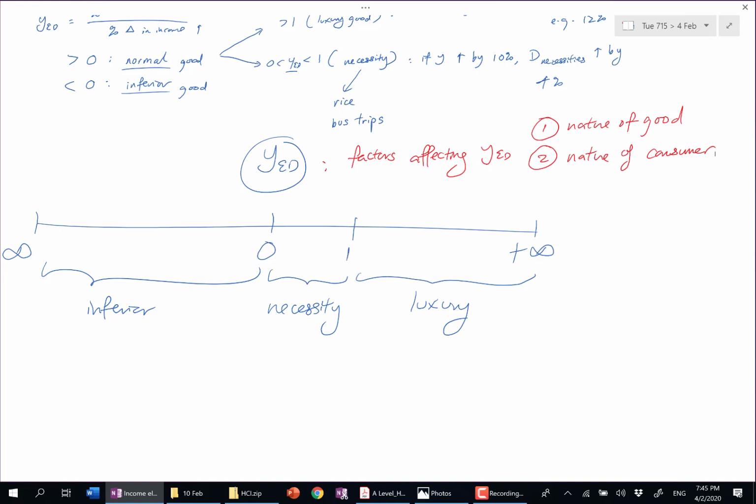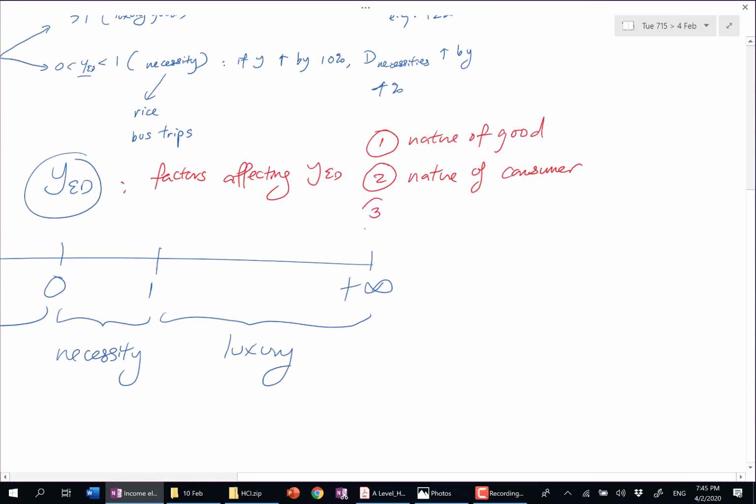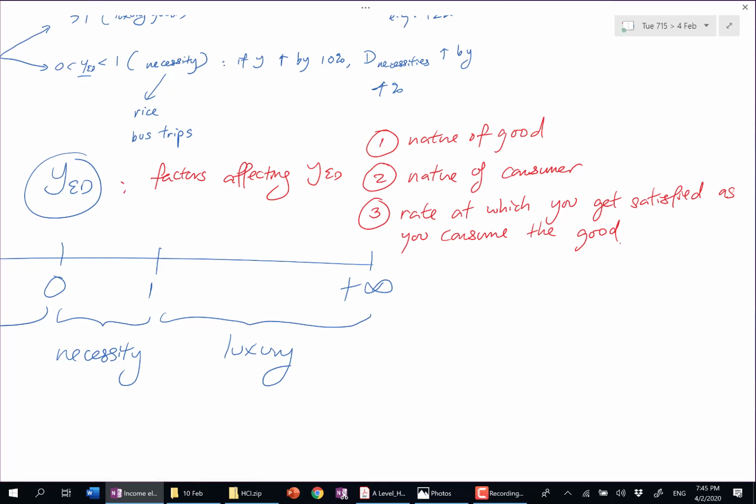Now there is a third factor: the rate at which you get satisfied as you consume the good. You get diminishing returns. If you're talking about food, nowadays they eat a lot of weird stuff.